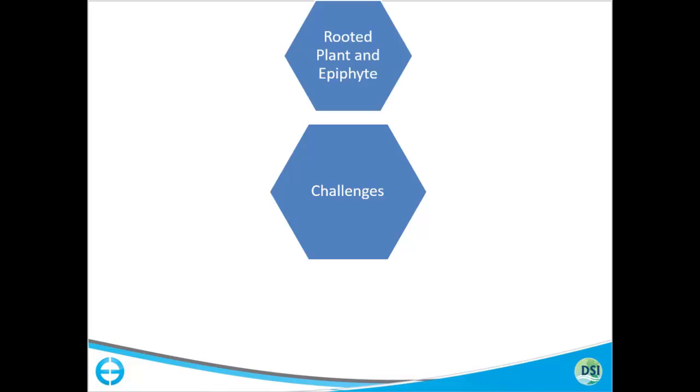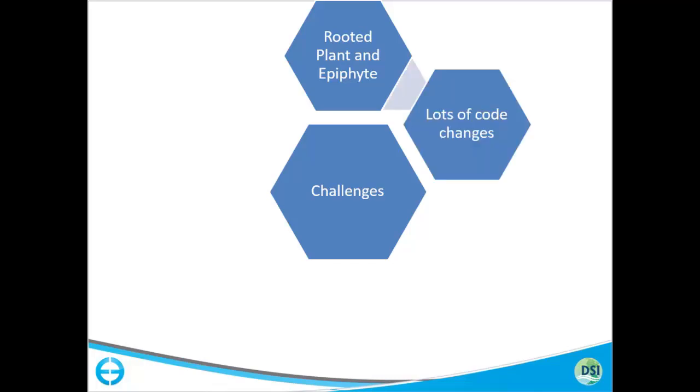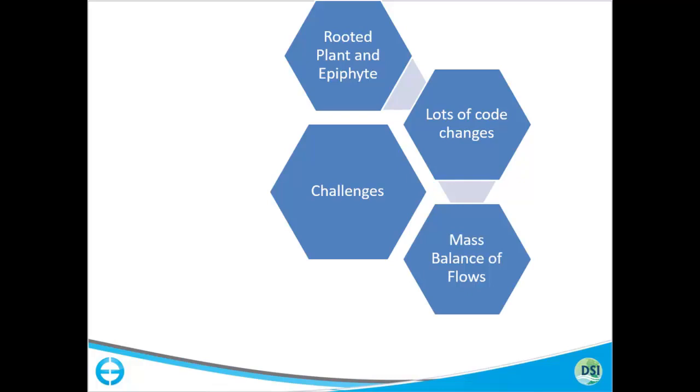So the challenge on this model was that we had to use rooted plants and epiphytes, and it had so many parameters associated with it. You had to do a number of sensitivity studies to understand which were the key parameters, and a lot of code had to be modified in order to incorporate what we were trying to achieve here.